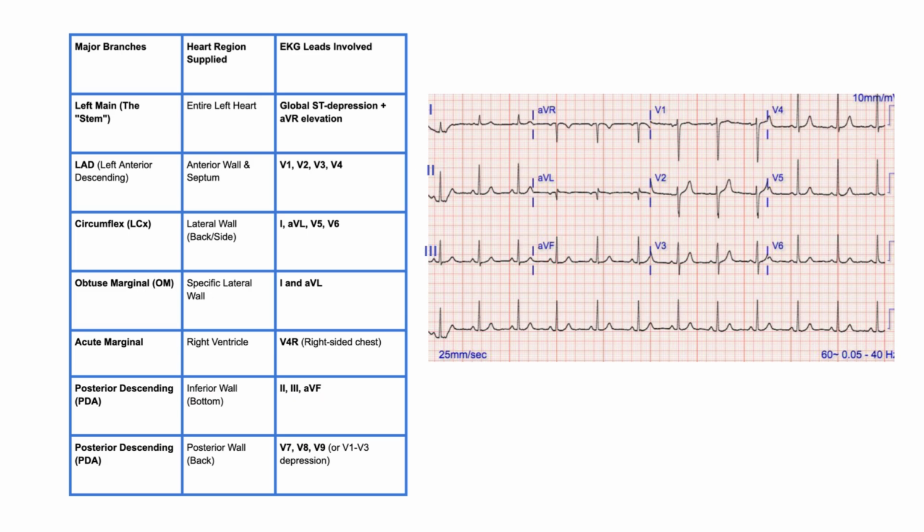The posterior wall of the heart is also supplied by the posterior descending artery, which in typical cases, changes will only be seen in V1 to V3 as depressions whenever there is an infarction of the posterior wall of the heart. So in these cases, additional leads such as V7, V8, and V9 are used.